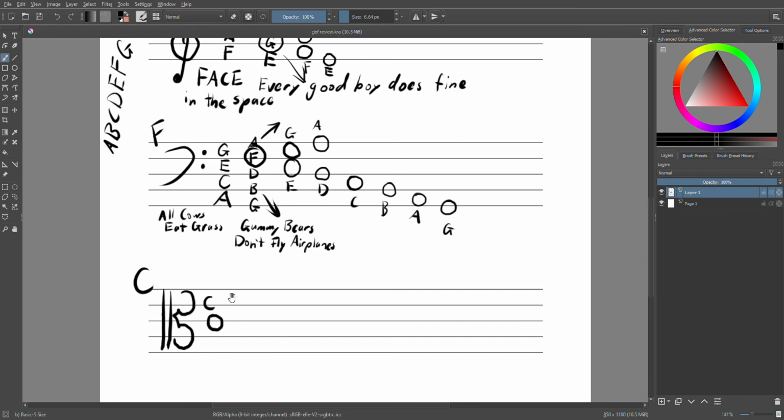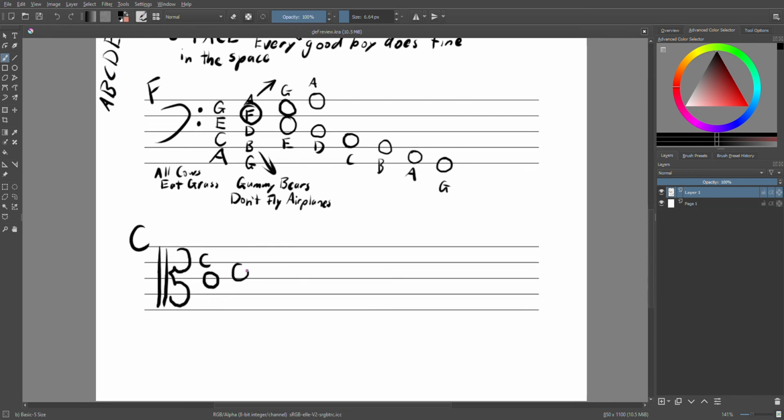Next is D, E, F, G. So we go forward in the alphabet. Now we can go backwards. So C, right before C is B, A, start back over at G, F. And there is our C clef.